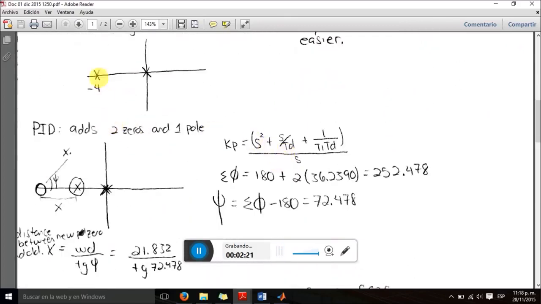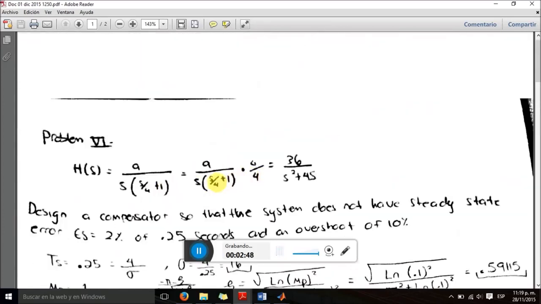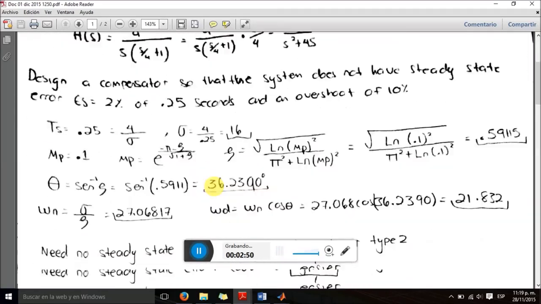So this would be our representation of the transfer function, and we know that if we use a PID compensator, we would add 2 zeros and 1 pole. So one of the zeros that we add cancels out with the pole of this term.